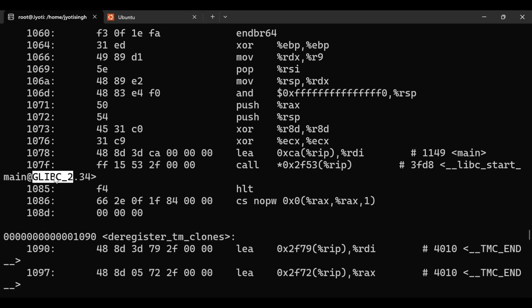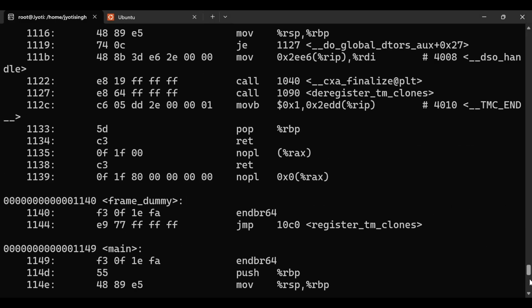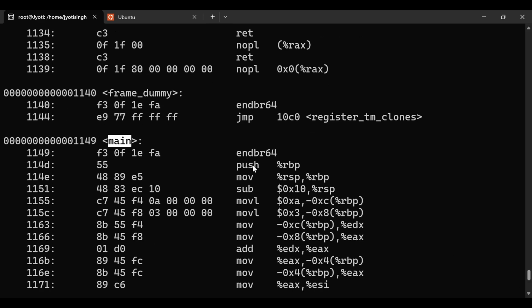So, __libc_start_main. Let us move to our main function, that is at address 1149. Here it is, 1149 main. First thing that happens inside the stack is push RBP, so it pushes the base pointer onto the stack.